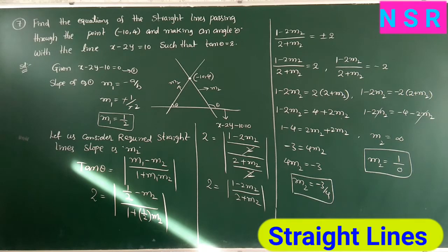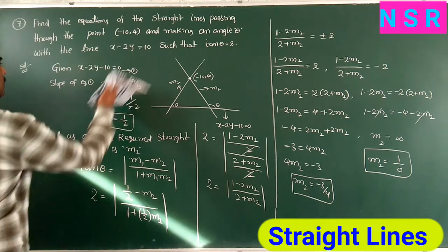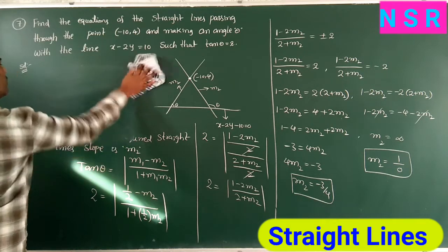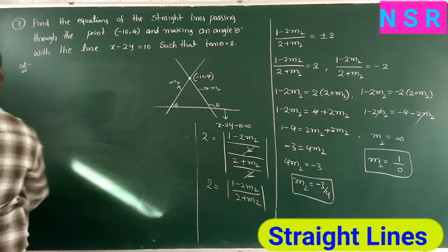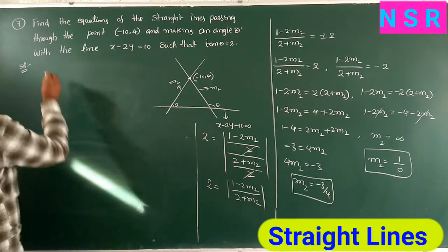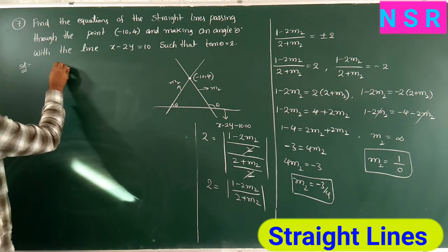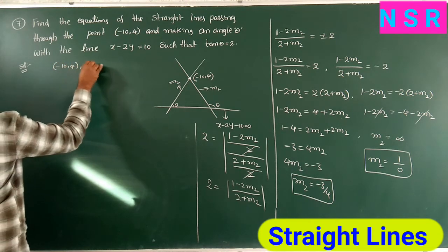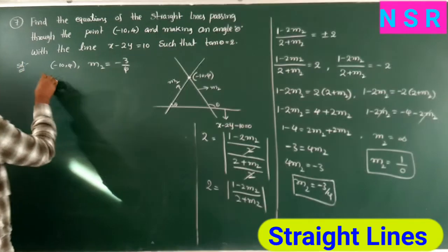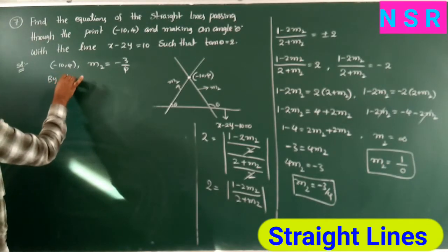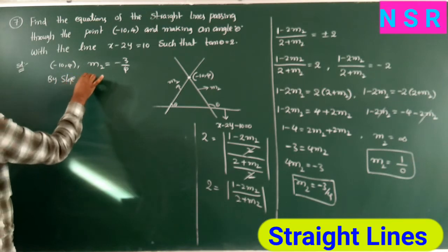So apply the slope point form here. First, the point (−10, 4) and the first slope m2 = −3/4.